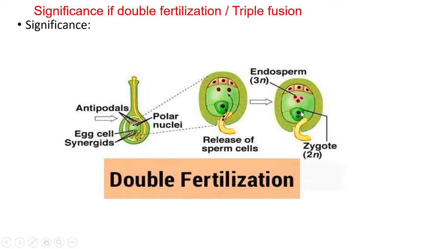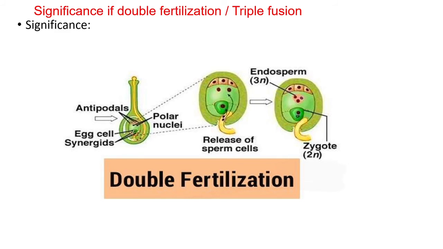Let us see the significance. The double fertilization process plays a significant role in the formation of seed in angiospermic plants. This process results in production of the zygote and the primary endosperm nucleus.